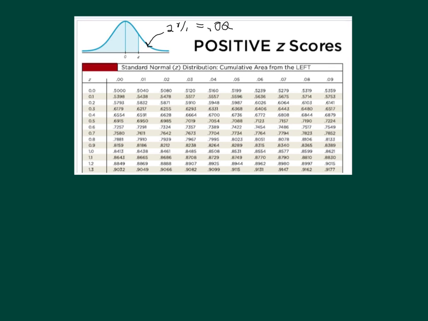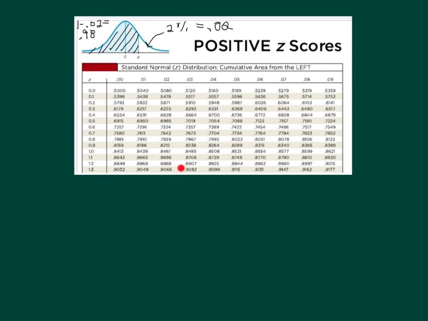Since the table gives us the area to the left, we want to look for an area to the left of 1 minus 0.02, which is 0.98. I'm writing very small. It's a little challenging. So we want to look for a value of 0.98 for our positive z-scores.